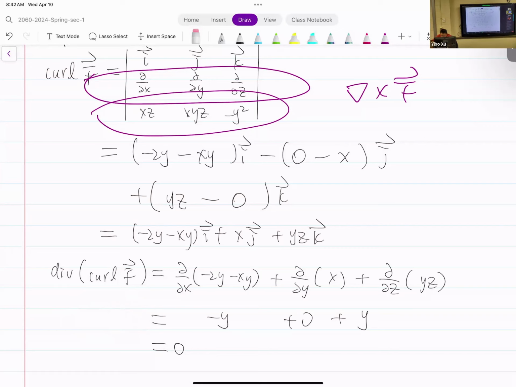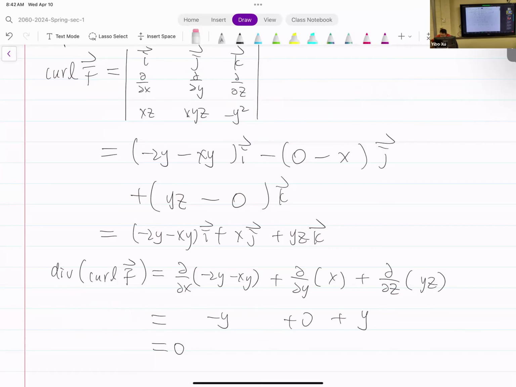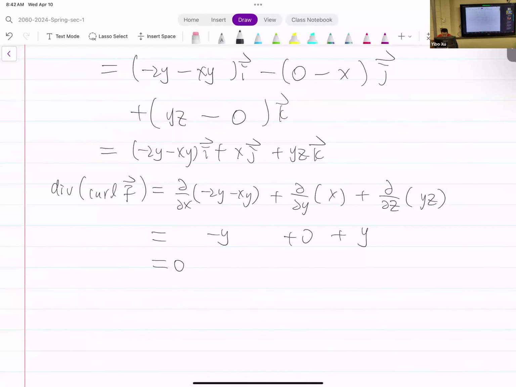So let's put that down. Remark. The divergence of the curl of the vector field is exactly the nabla operator.